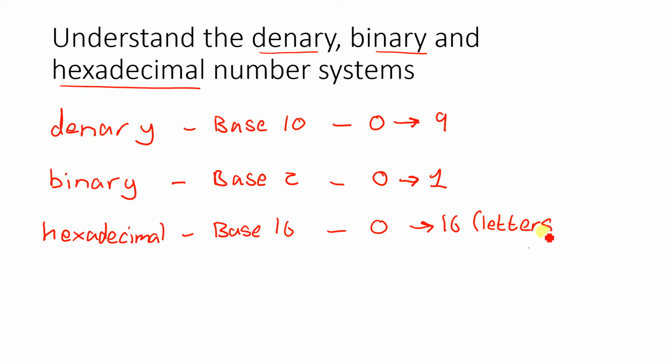We'll look at that more closely on another slide, but it basically uses the numbers 0 to 9 and the letters A to F, which is why it's base 16, because there's 16 different varieties it can have, going from 0 all the way up to F.